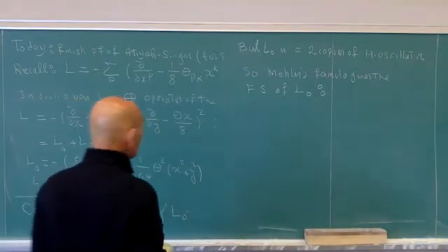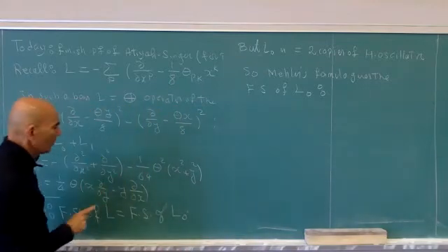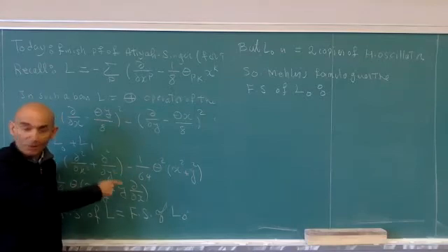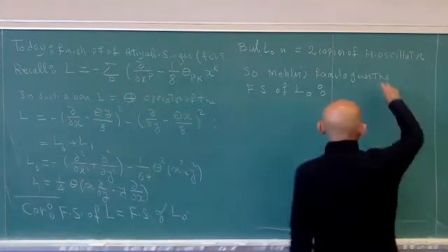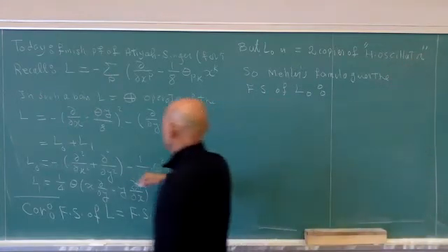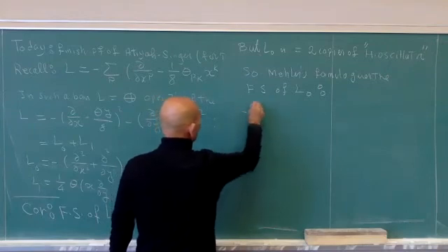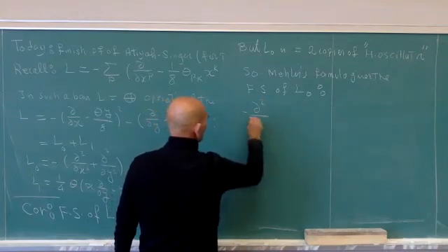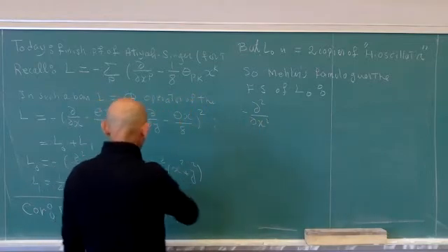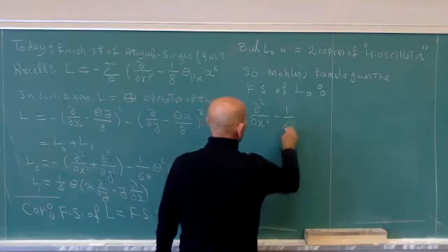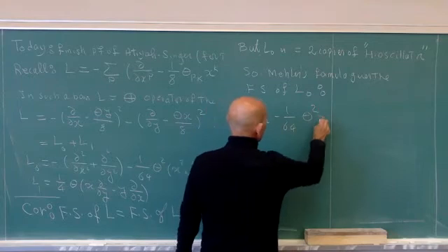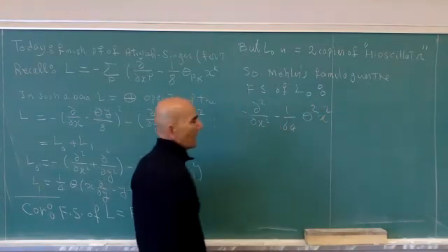But there is a complication. It's not a complication, but there's a negative sign here. This is not really a harmonic oscillator. You see, the operator is this one: minus d2 dx2. I should write the usual derivative because I'm on R now. Minus 1 over 64 theta squared x2. This is the operator that we have.